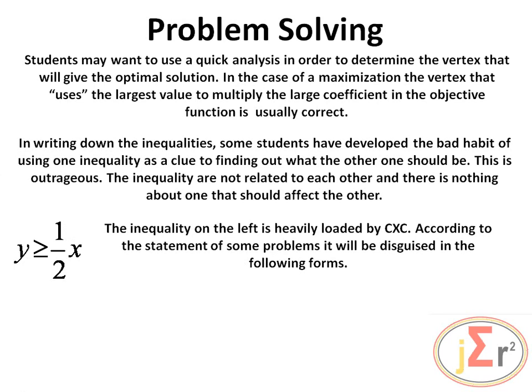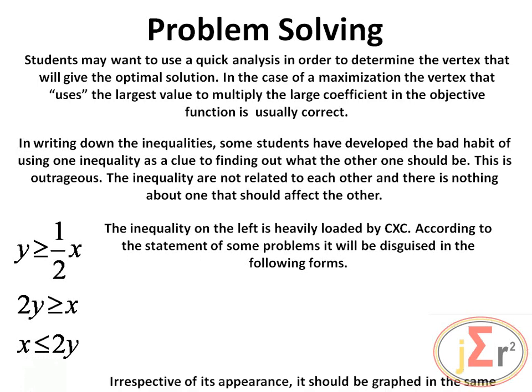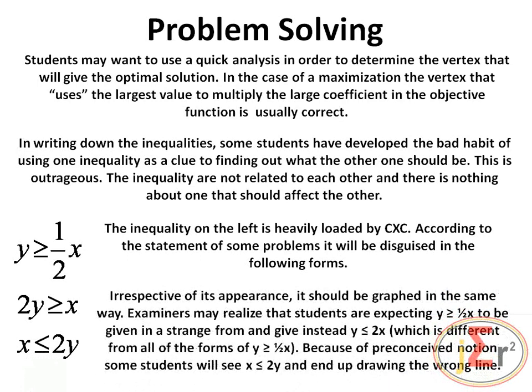But sometimes it is disguised in different forms, like this one: 2y is greater than or equal to x, or x is less than or equal to 2y. Irrespective of this appearance, it should be graphed in the same way.